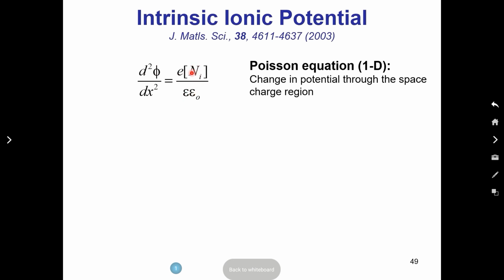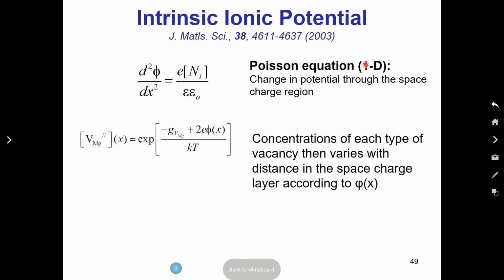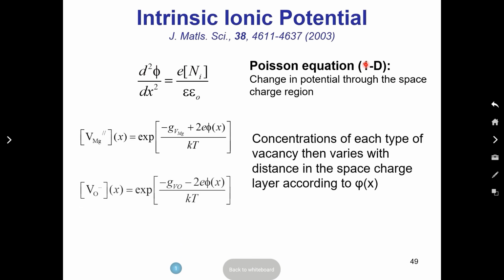This is the Poisson equation, and this is the density of surface charge. One of the easiest solutions is for a one-dimensional scenario. From the solution of this Poisson equation, you will get the distribution of vacancies, the defects that you are creating, as a function of distance.